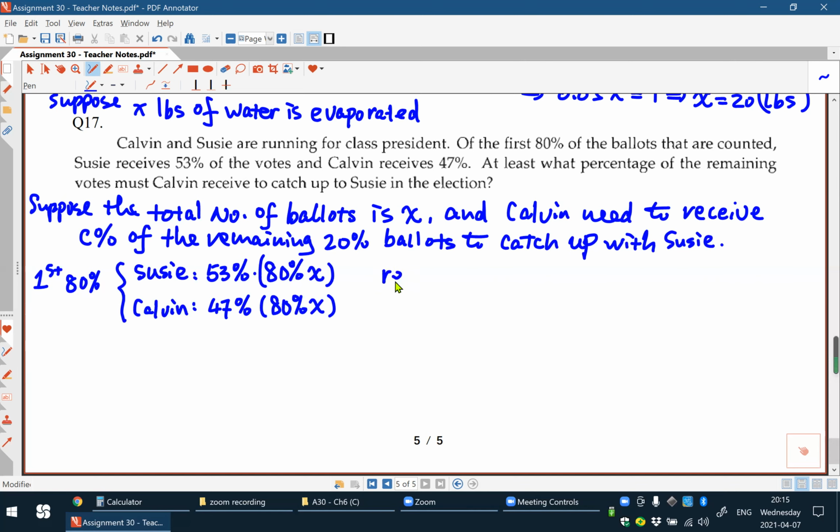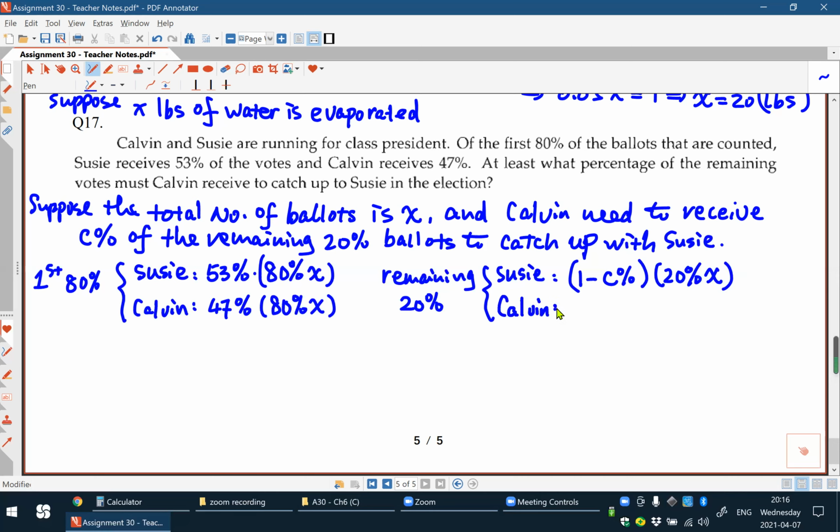And for the remaining 20%, how many do they get respectively? For Susie, she will get 1 minus C% of the remaining 20%. That's 20% of X, right? For Calvin, he will get C% of the remaining 20%, which is 20% of X, right?